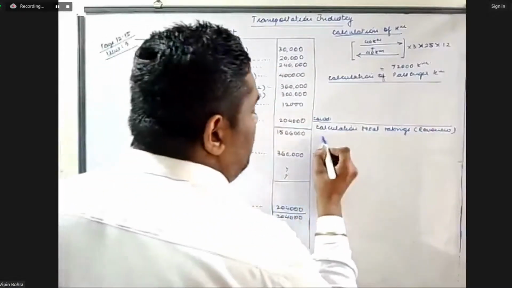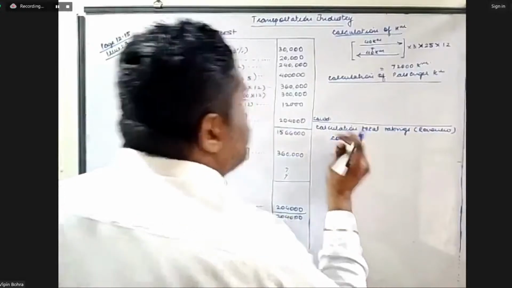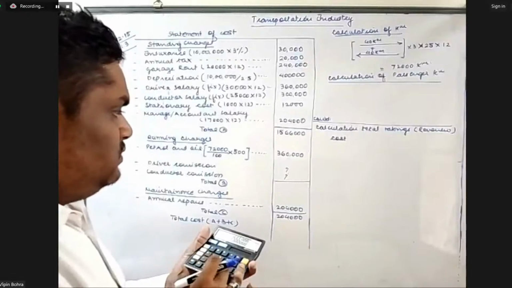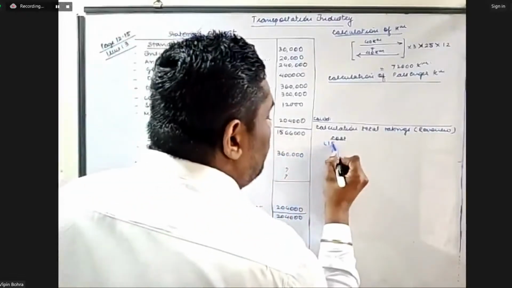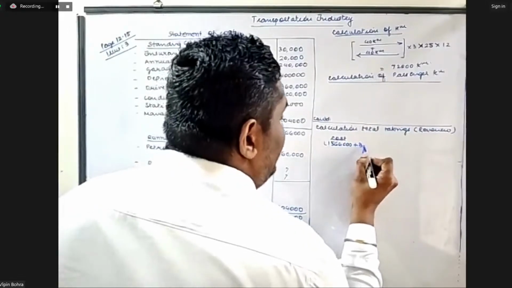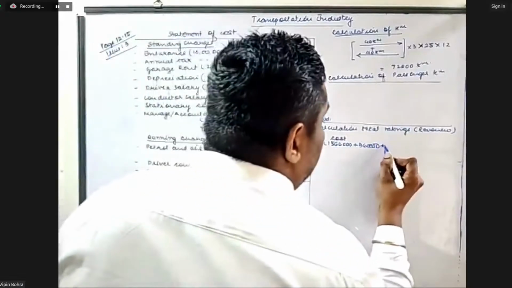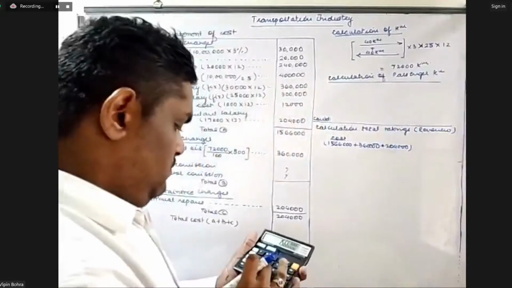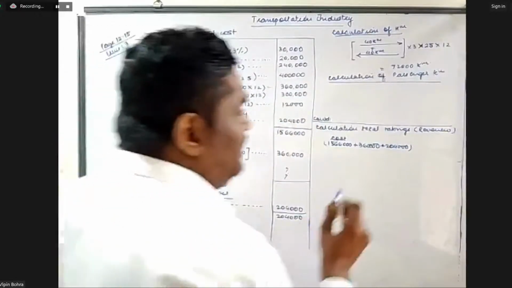So herein, my cost till now is how much? The total cost, that is 15,66,000 plus 3,60,000 my variable cost plus 2,04,000. That is 21,30,000.